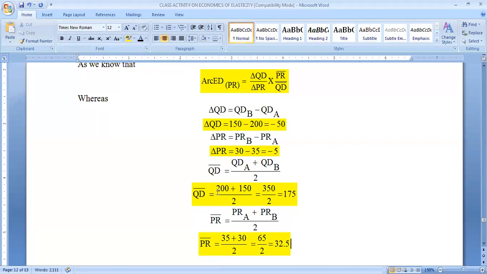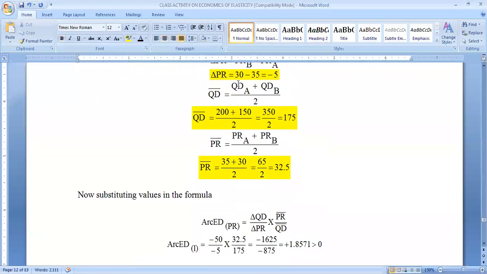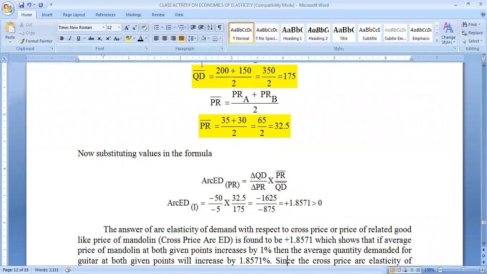Now substituting all these four components into the formula of arc elasticity of demand with respect to price of related good. In place of delta QD, we have substituted its value, which is negative 50. In place of delta PR, we have substituted its value, which is negative 5. In place of PR bar, we have replaced its value, which is 32.5. And in place of QD bar, we have replaced its value, which is 175.